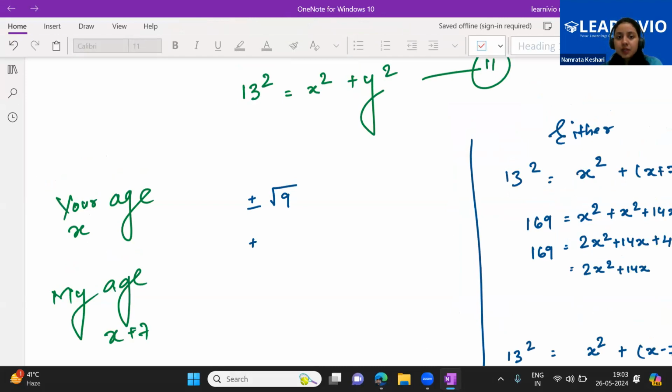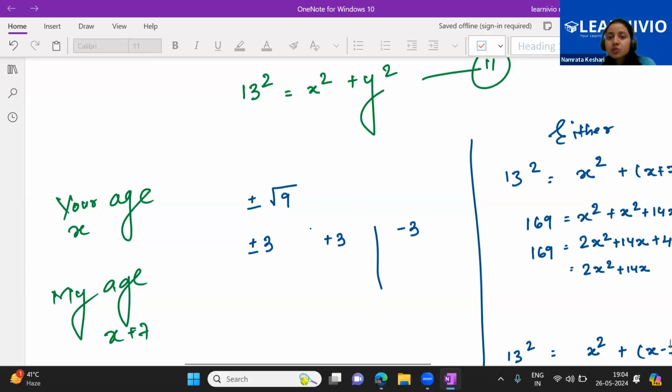Plus minus 3. So one possibility is plus 3, another possibility is minus 3. Since we are talking about length, the distance, this minus 3 we cannot take, right? Yes, ma'am. So we will proceed with plus 3. And we will take this plus 3 and also find the other distance.